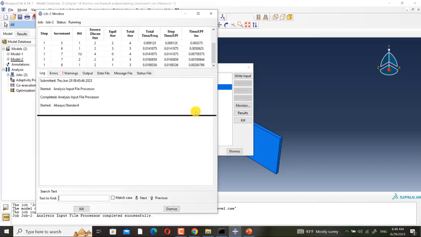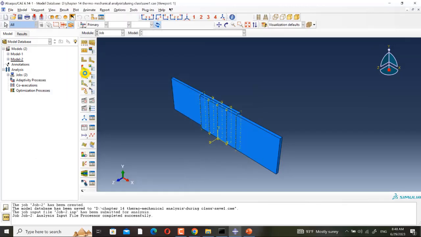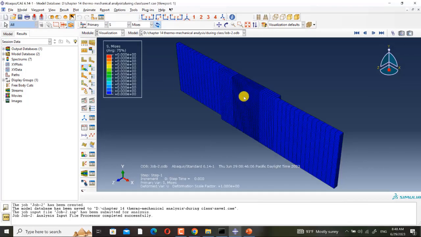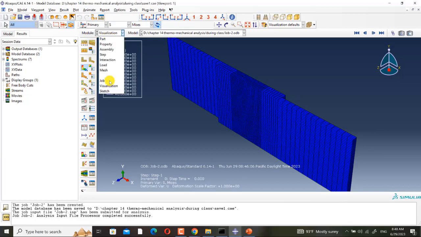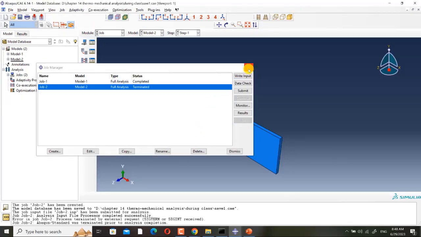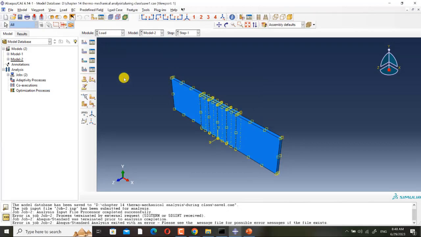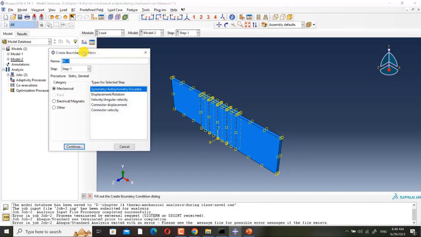If you see, it's doing the simulation. Oh, sorry. I didn't define boundary conditions. Sorry. Here we must define fixed boundary conditions.